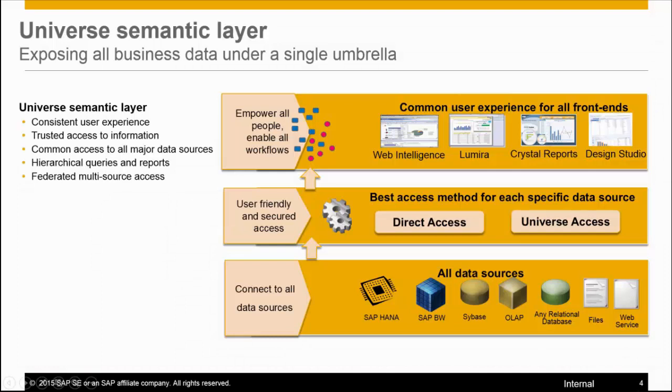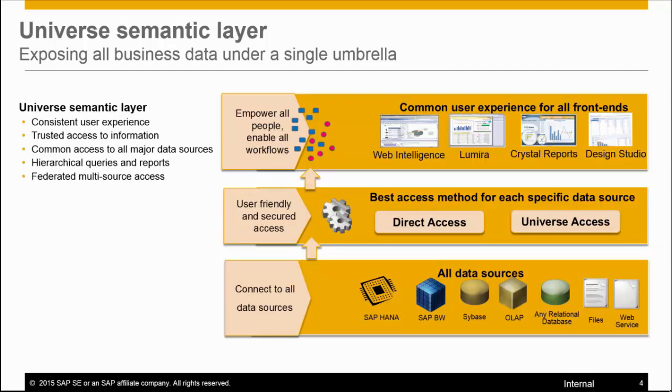And in that scenario, you don't actually have to build the universe yourself. When you connect to a BEx query from Web Intelligence, we build the universe for you behind the scenes. And one of the advantages of using the direct access method is that we expose a lot of the hierarchies, a lot of the OLAP type of features to the end user.